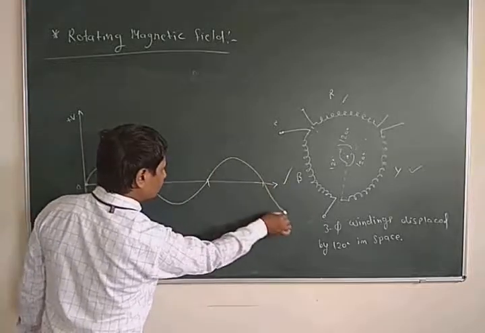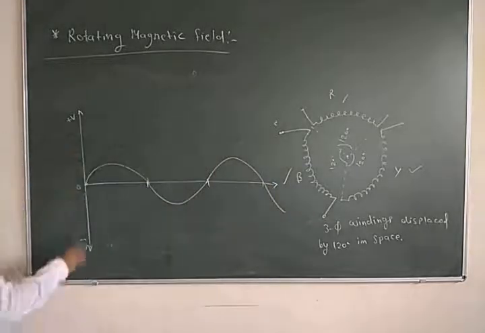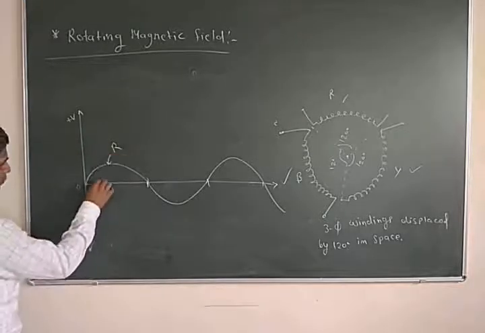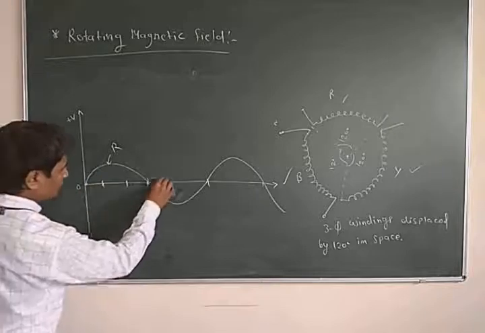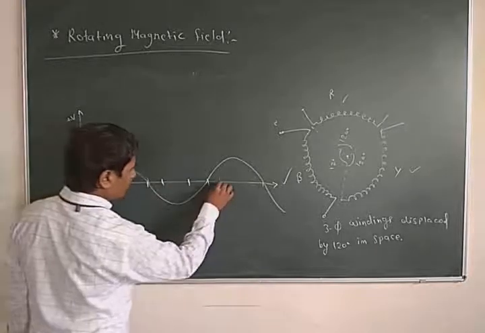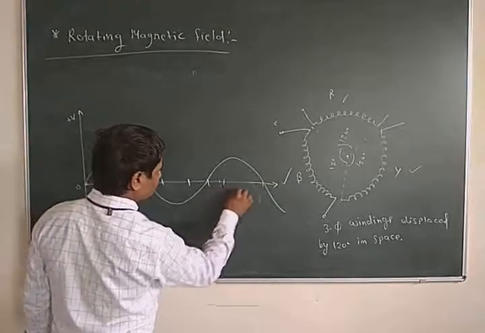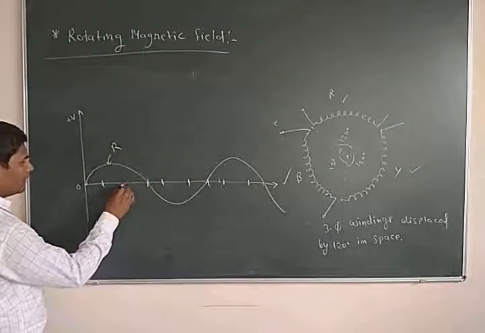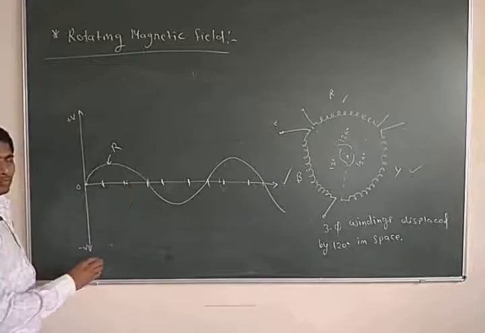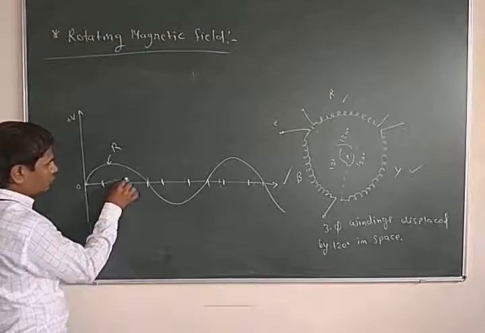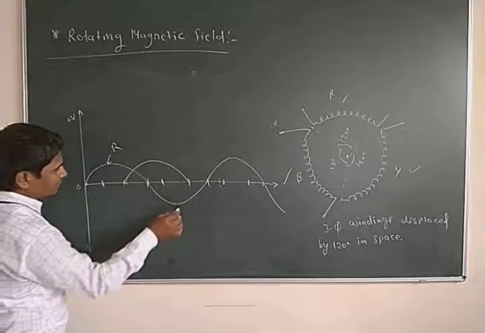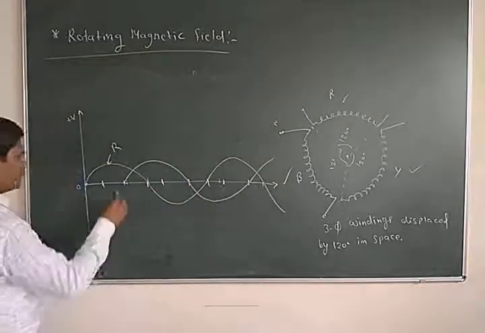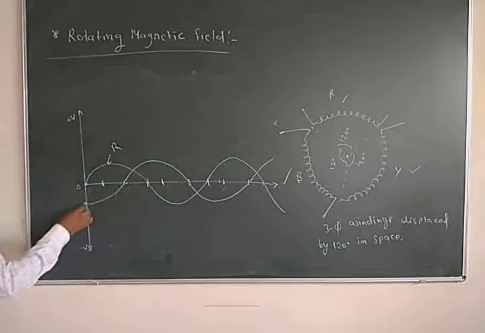Now the waveform for three-phase supply is, suppose this is R phase. Now second phase is Y phase. Y phase is minus 120 degree, so from here this is the waveform for voltage of Y phase.